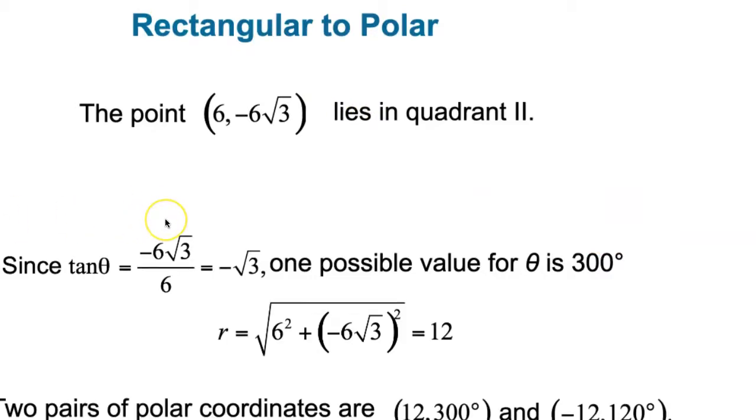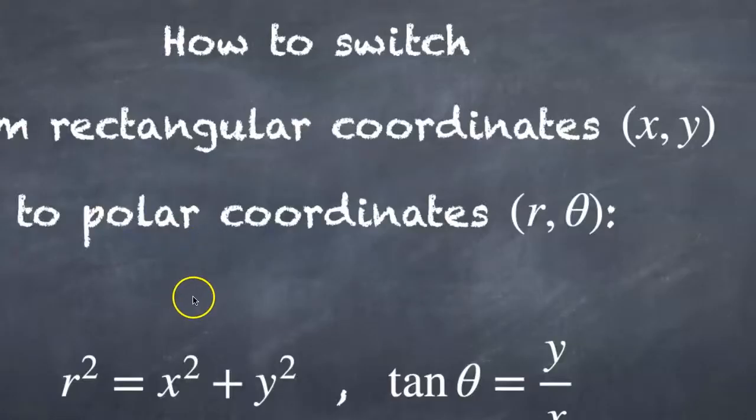Now let's look at how to find the r value. The r value is found using this other formula right here, that r squared is equal to x squared plus y squared. If you were to take the square root of both sides, you can have a positive r value or a negative r value, but since we are aiming for the fourth quadrant, we need to use the positive r value unless we wanted to switch the theta value, which I don't really want to do.